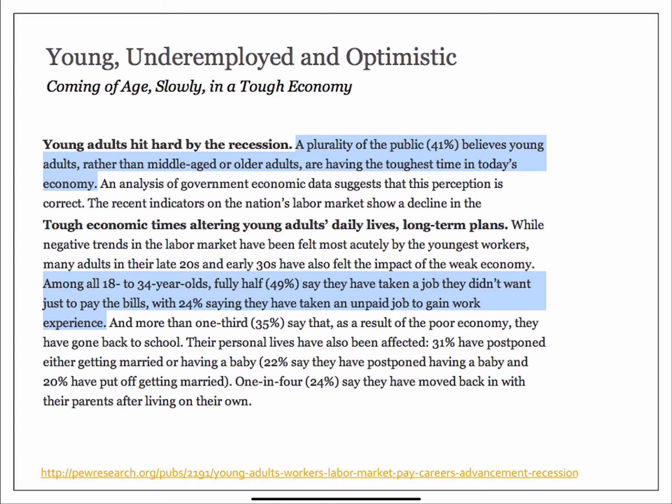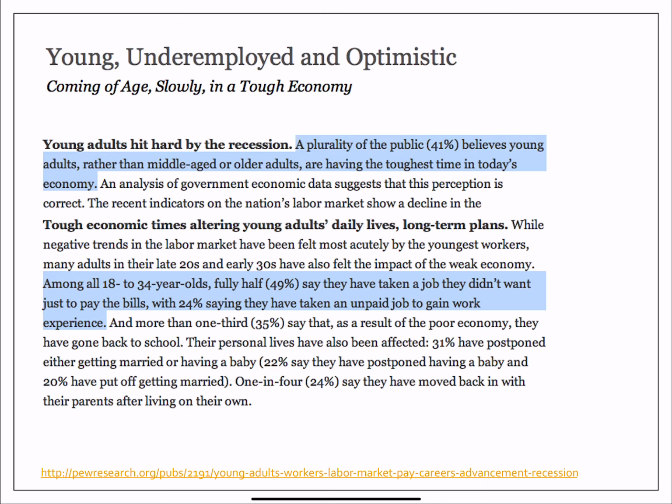Young adults hit hard by the recession. A plurality of the public, 41%, believes young adults rather than middle-aged or older adults are having the toughest time in today's economy. An analysis of the government economic data suggests that this perception is correct. The recent indicators on the nation's labor market show a decline in the tough economic times, altering young adults' daily lives and long-term plans. While negative trends in the labor market have been felt most acutely by the youngest workers, many adults in their late 20s and early 30s have felt the impact of the weak economy.